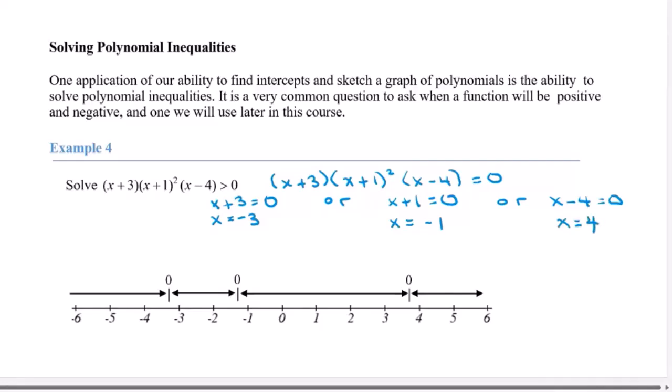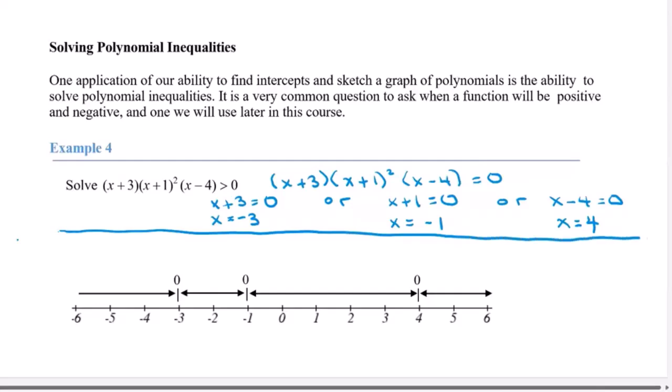Okay? And the easy way to do it, and I know that there's people who do it differently, what I do is I say, we have to pick a number in each interval. So let's pick -4 for this interval. Okay? So if I have x equals -4, and I'm going to plug it in to x plus 3 times x plus 1 squared times x minus 4.